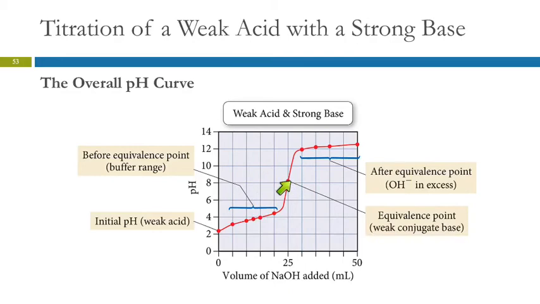At the equivalence point, we're looking at a weak conjugate base, and so you've got to use Kb and figure out the pH from that. After the equivalence point, now we have hydroxide ion in excess, and so you figure the molarity of the hydroxide and get to the pH from there.